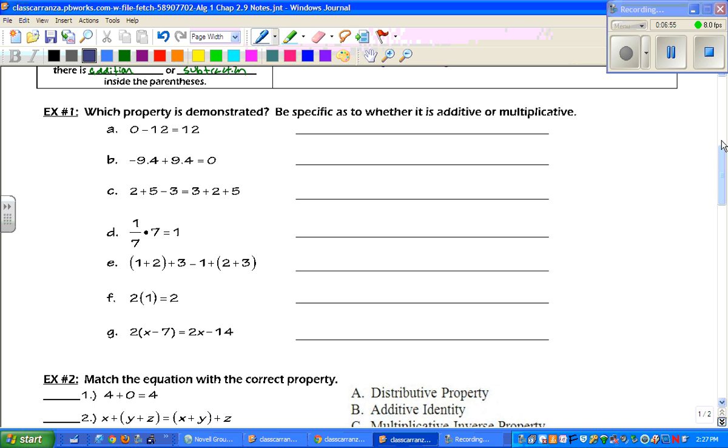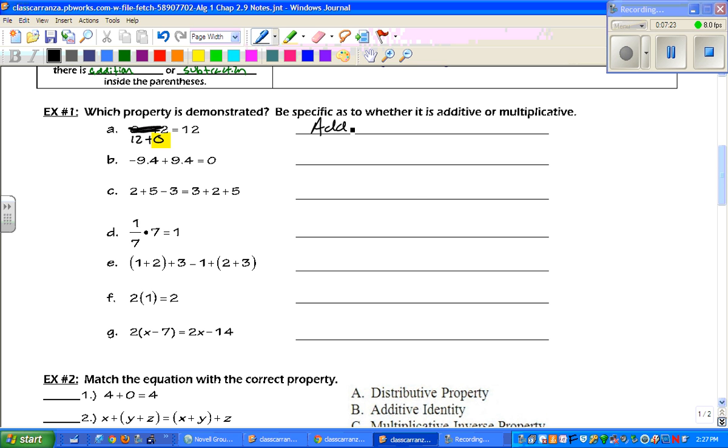All right. Which property is demonstrated? Be specific as to whether it is the additive or multiplicative properties. The first one should actually be written 12 plus 0 equals 12. Right away, I see that that's a 0, and we are adding, not subtracting.